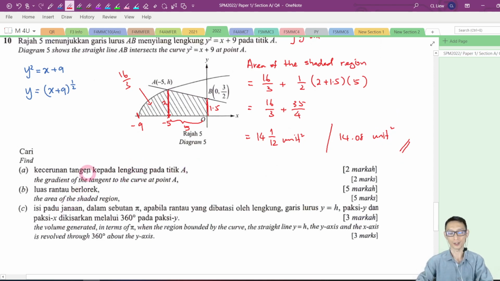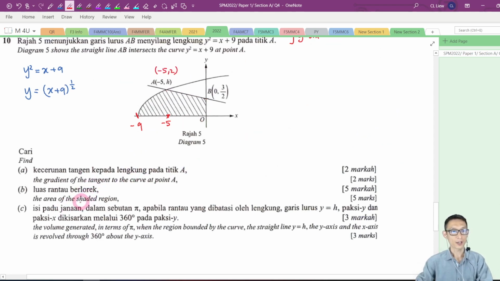Now let's try part C. For part C, we need to find the volume generated in terms of pi when the region bounded by the curve over here, the straight line y equal to h, it means this straight line.